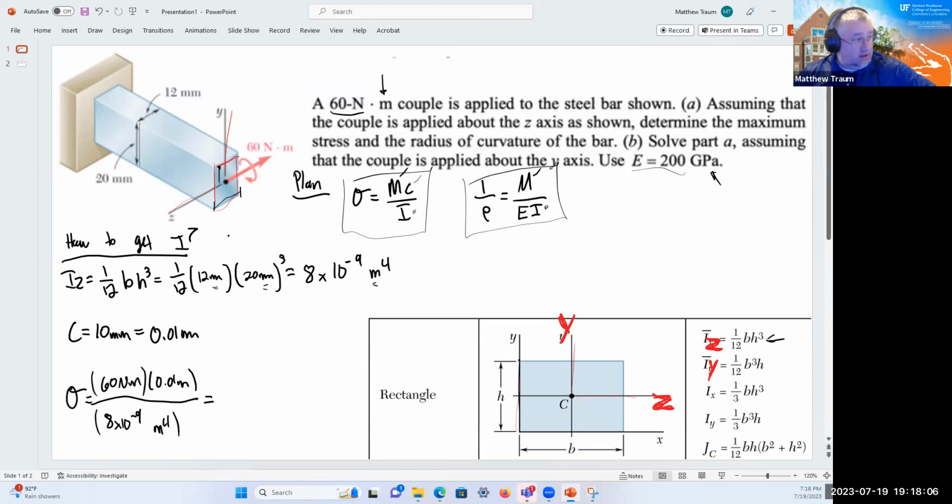And cranking through the numbers there, I get 75 times 10 to the sixth Pascal. So that's my stress for part A.